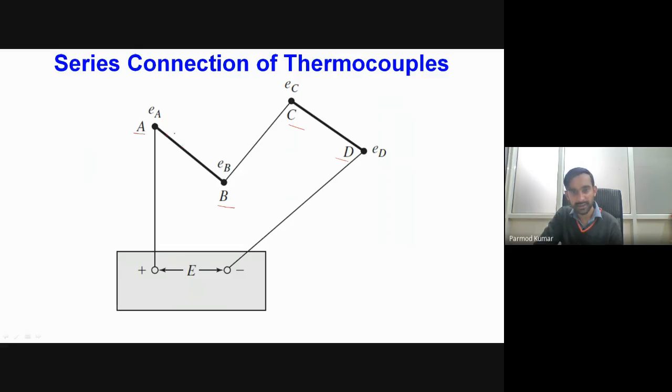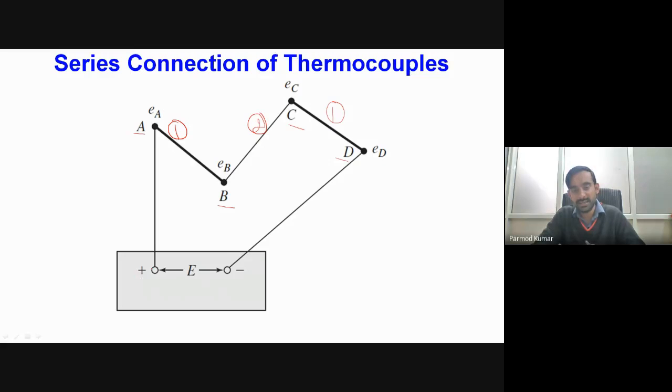Corresponding to that, if I consider this thick line as my material 1, and this thin line as material 2, and this thick line once again as material 1. Okay, so in this particular arrangement you can see that at each and every measurement point we have the same material connected to the output. So that's why over here we need not go for the reference junction.